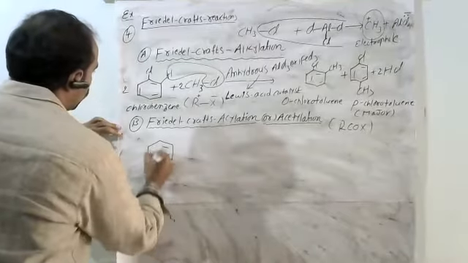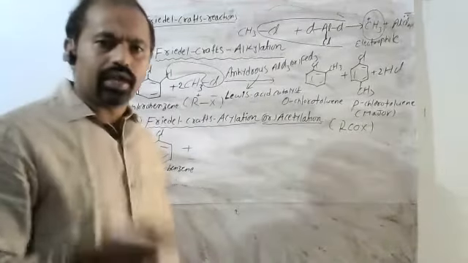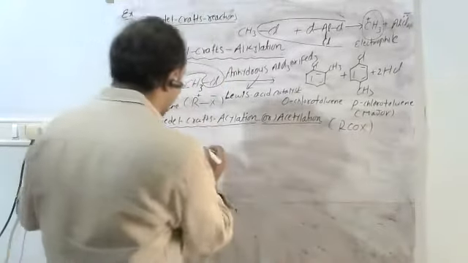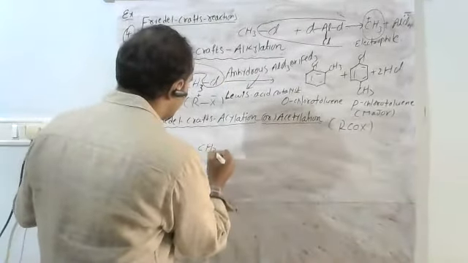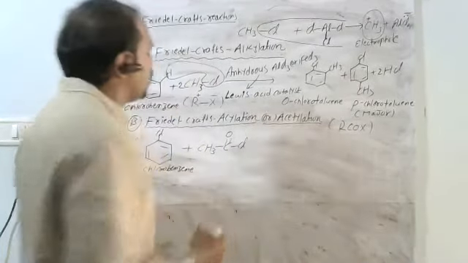For example, say aromatic compound, I have taken chlorobenzene. It reacts with acyl halide, RCOX. Instead of that, I will take CH3COCl.